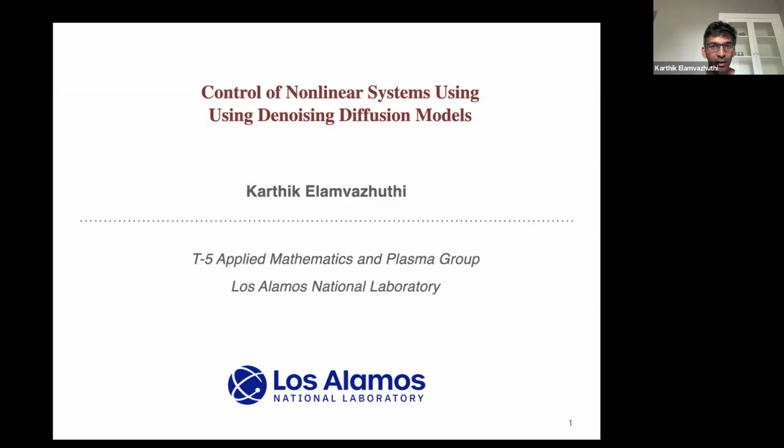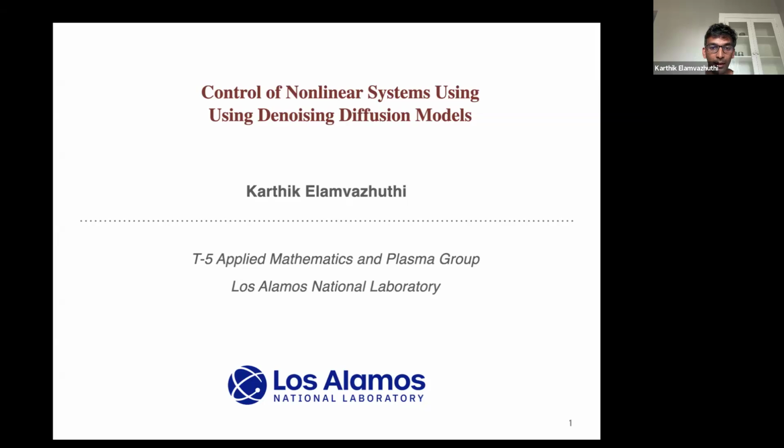Thanks for the invitation, and it's nice to be presenting my work, which I did at UC Riverside. So it's about a year old. A lot of you must have heard of diffusion models, which are one of the big workhorses of your favorite AI tools, such as ChatGPT.